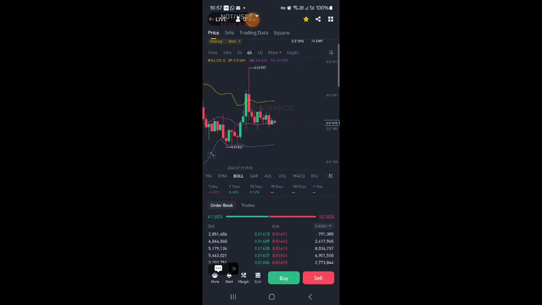Now for me to have further confirmation, I need to employ the second indicator, which is the Relative Strength Index. RSI shows the strength of a particular trend, and it ranges from 0 to 100.